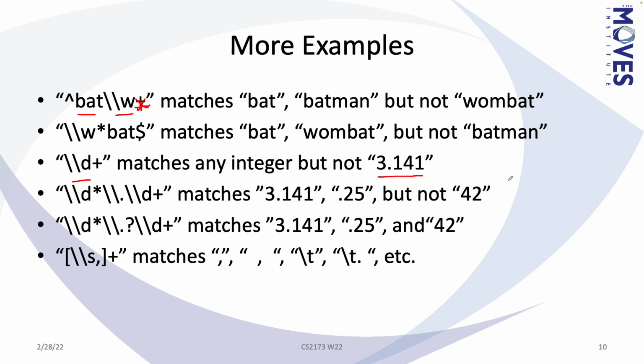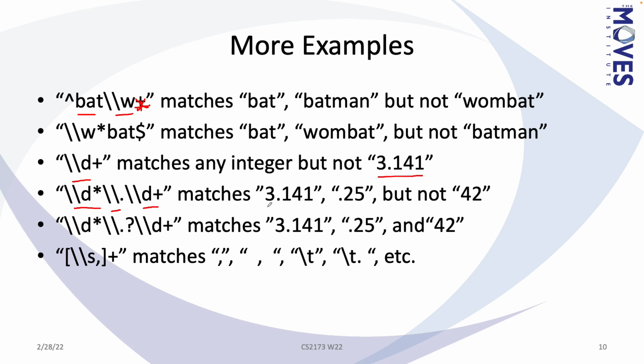Okay, what if I wanted to match a decimal number? Here's one thing that will match at least some, not necessarily all. What is this? Again, we can decipher this. I have a \d star that says zero or more digits, followed by a dot, and I mean a dot because I've escaped it, followed by one or more digits.